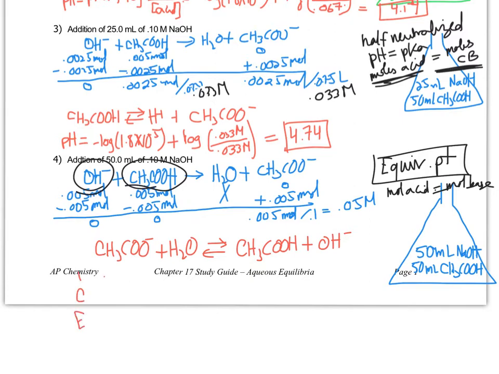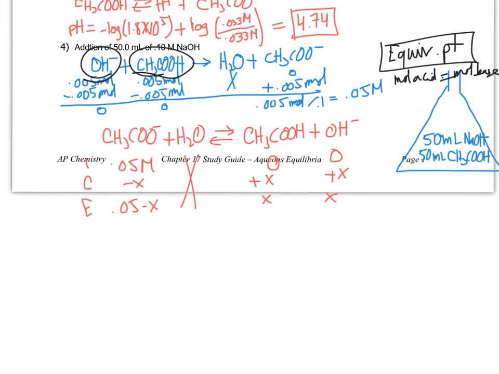So this is 0.05 molar. Don't care about the water. I don't have any acetic acid left. I don't have any hydroxide. Minus x, plus x, plus x. 0.05 minus x, x, and x. This is forming a base, so I need to look up the Kb for acetate ion, and I write my Kb expression.